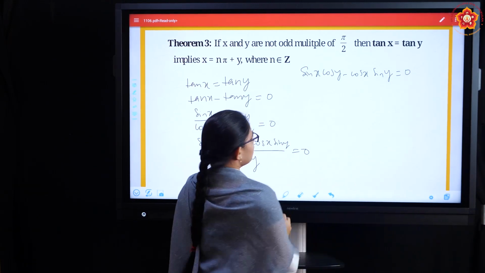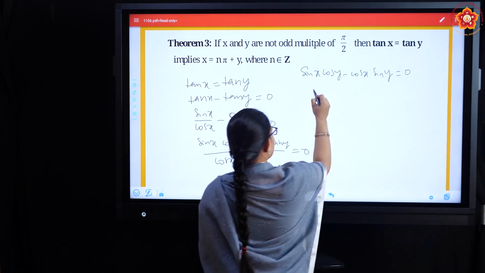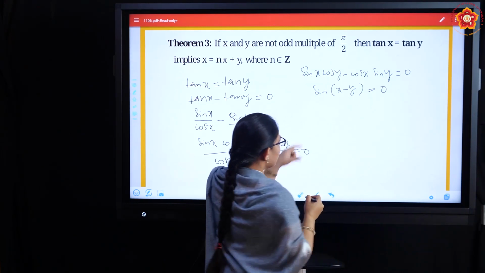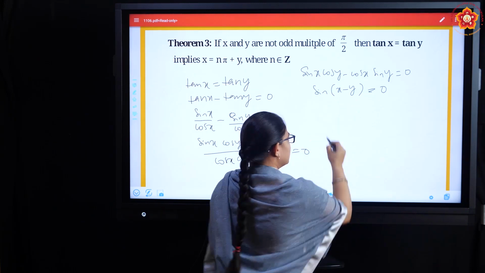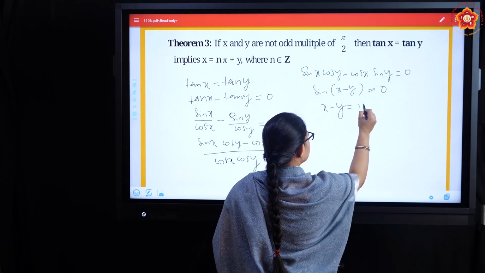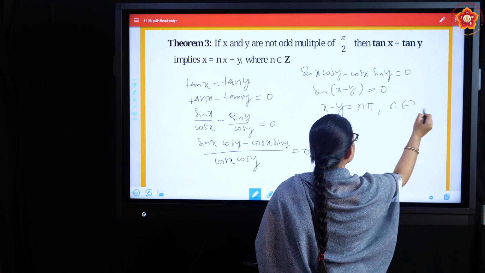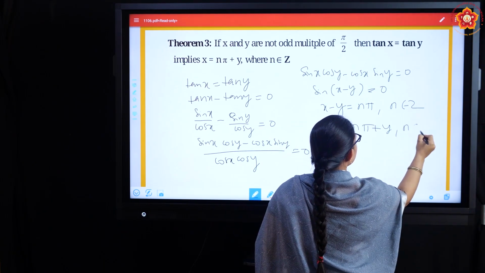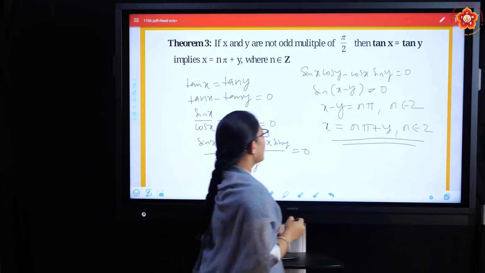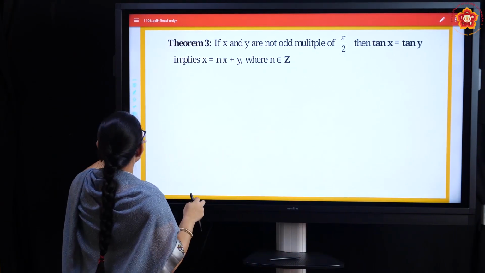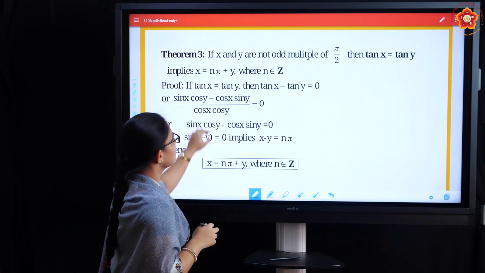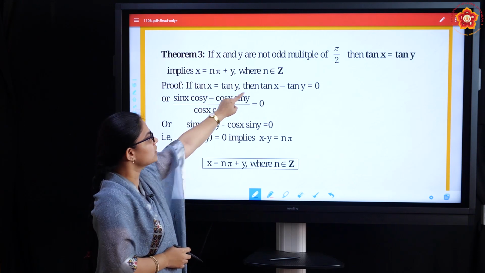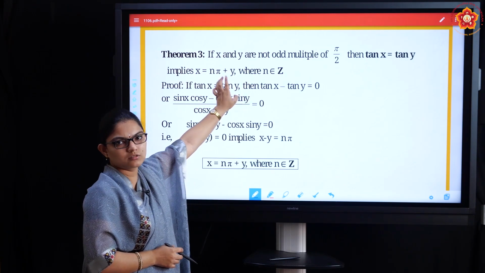But this is nothing but sin (x minus y), which is equal to 0. So sin of some angle (x minus y) is equal to 0 means that angle x minus y should be equal to n pi for n belongs to z, or I can write x is equal to n pi plus y for n belongs to z. So if you have any equation in the form of tan x is equal to tan y, then you can use the general solution x is equal to n pi plus y for any integer n belongs to z.